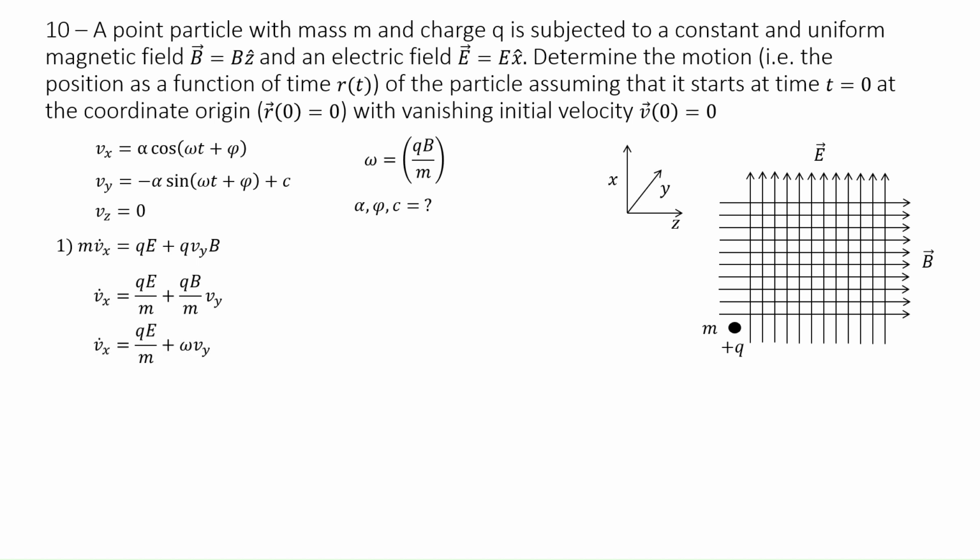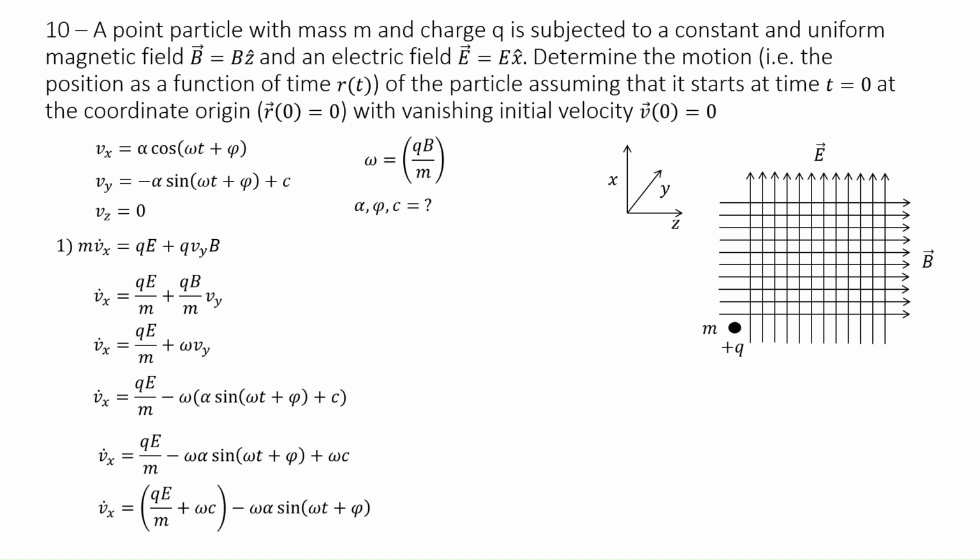We can also substitute in vy as minus alpha sin(omega t plus phi) plus c as above. Tidying that up a little bit, putting the omega into the bracket and splitting our equation so that we have some constants at the front and our sine function at the end.